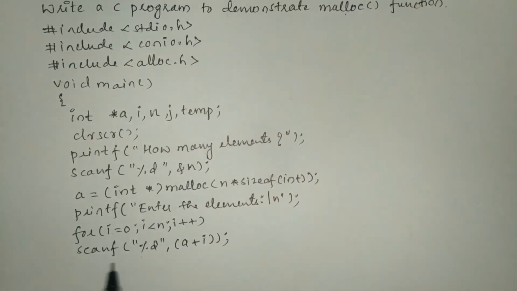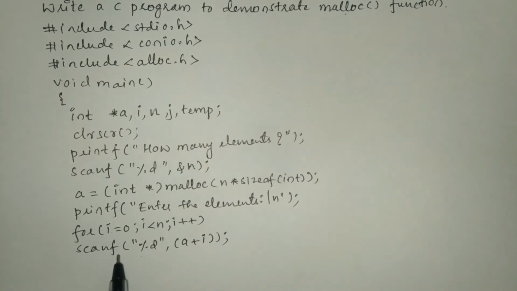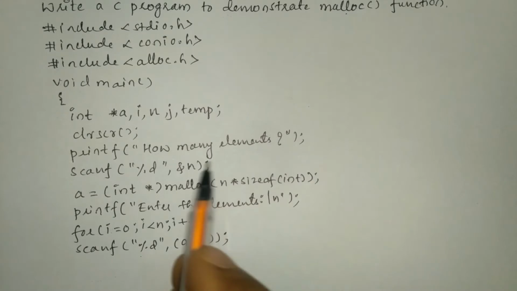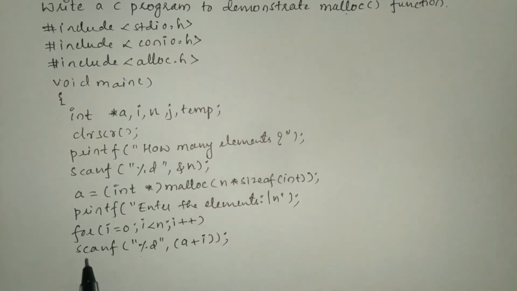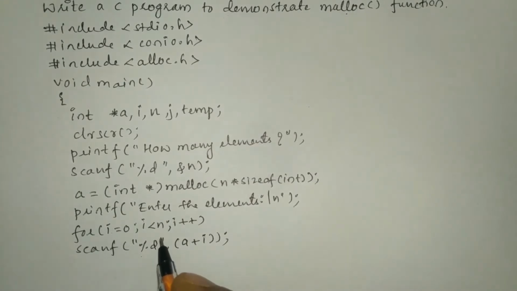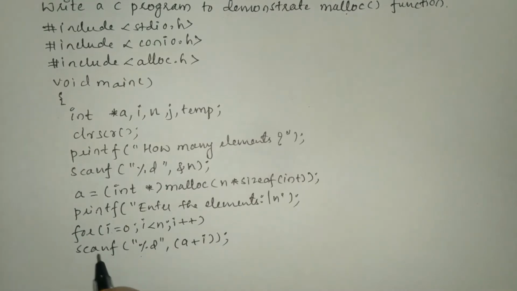Now in this particular program we are going to use the malloc function, but it is used for sorting elements. So let us sort. Sorting means it is a process of arranging all the array elements in either ascending or descending order. In this particular program we are going to arrange all the inserted elements in ascending order.